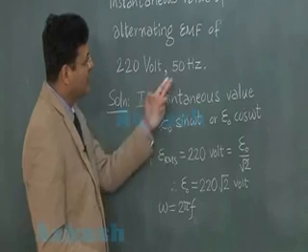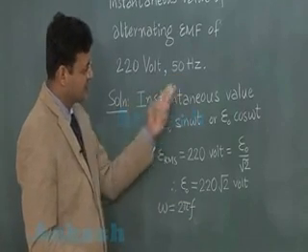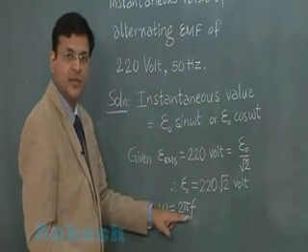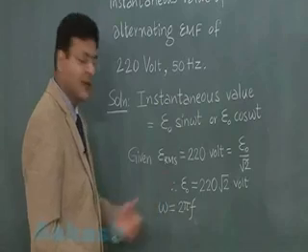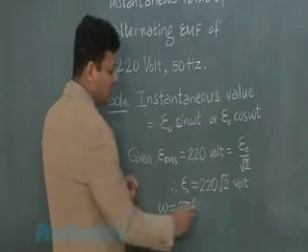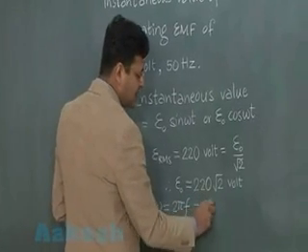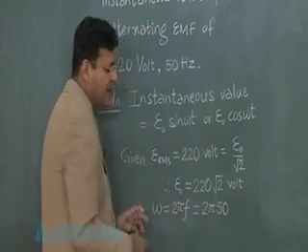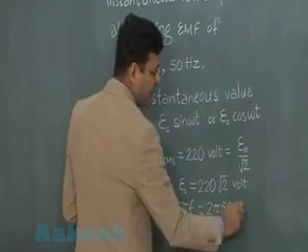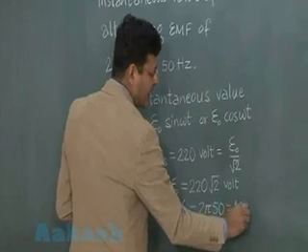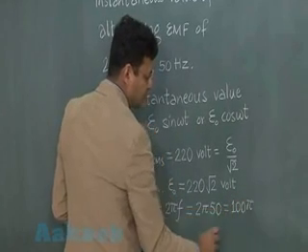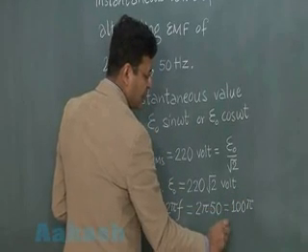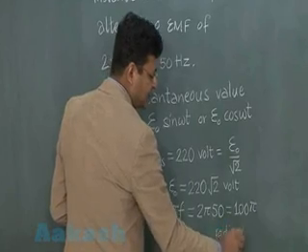In this question you have been given f, 50 hertz, and you are expected to calculate the value of omega. Therefore you have to multiply this by 50, and this becomes 100 pi radian per second.